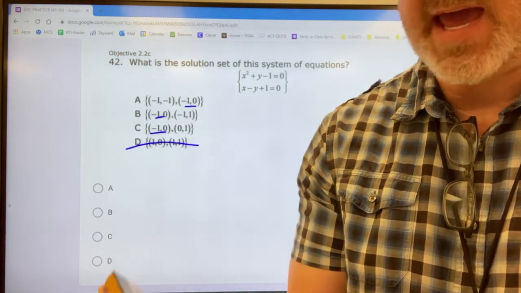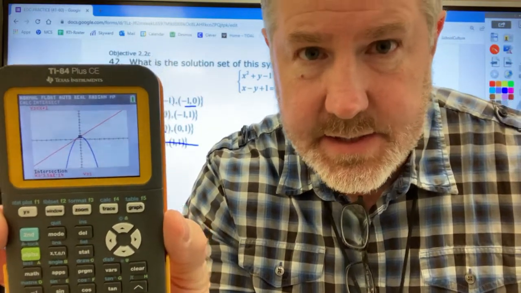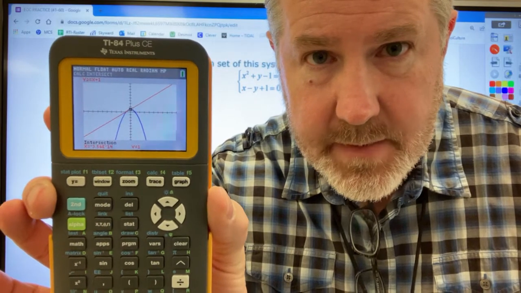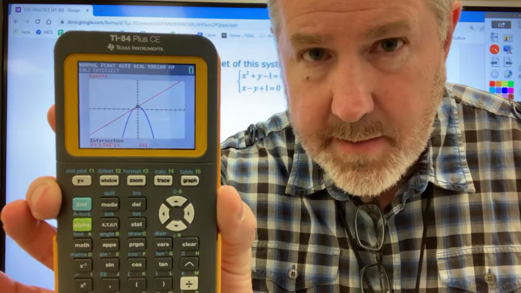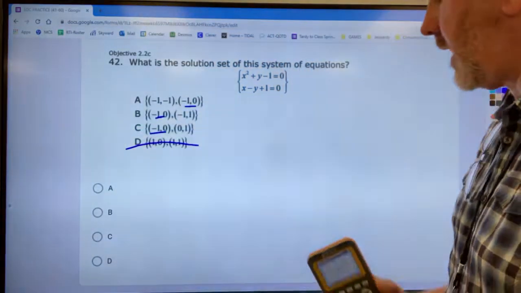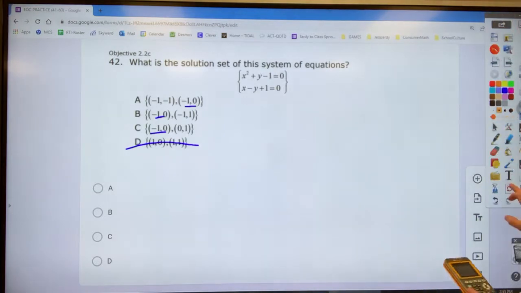And it's going to give me a weird number for x. I don't know why the TI does this sometimes. That is an incredibly small number. For some reason, it calls it 0. So we're going to call that (0, 1). And our answer ends up being C.